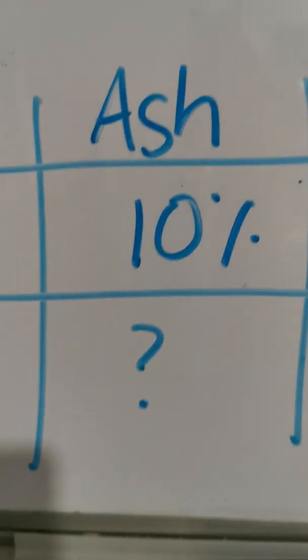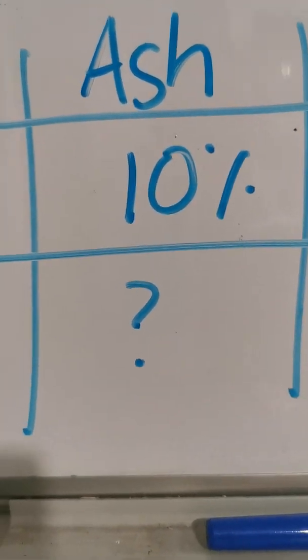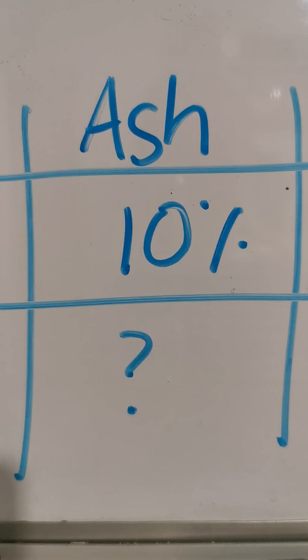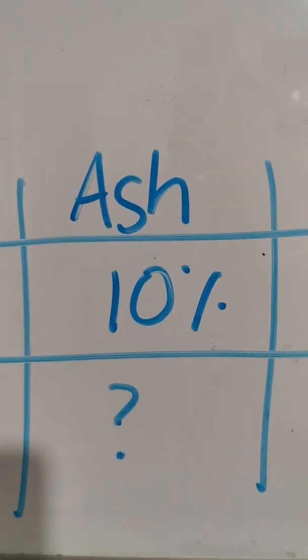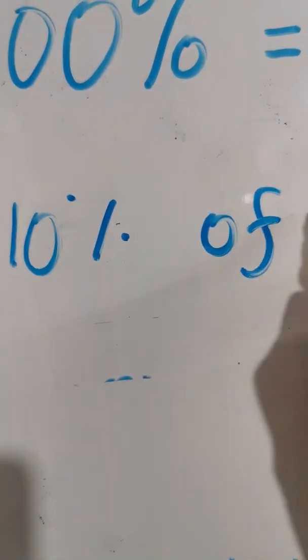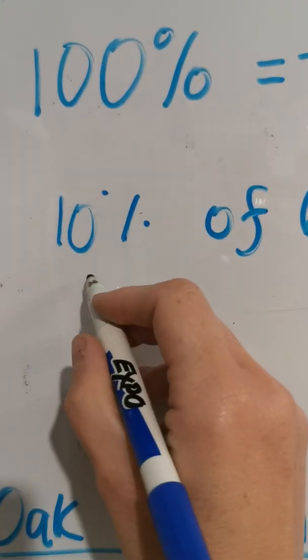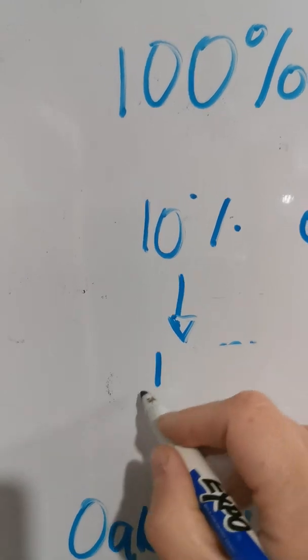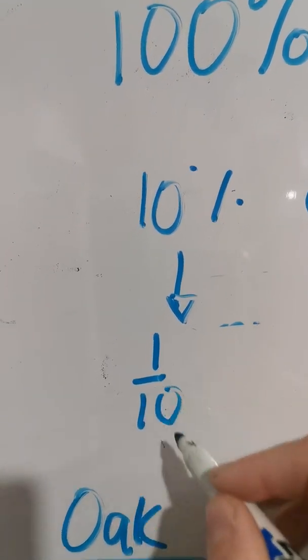Now I'm going to start with 10% first because 10% is our easiest amount to work out. So we're going to work out 10% of 60. Now 10%, if we think fraction, is the same as 1/10.